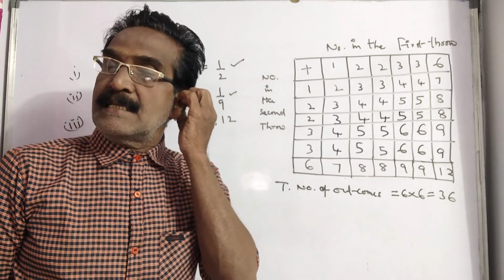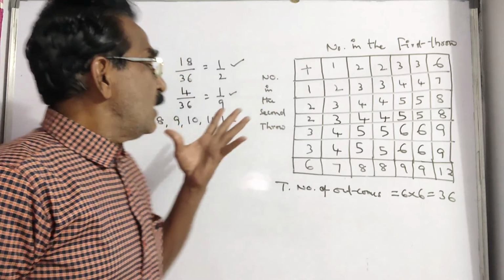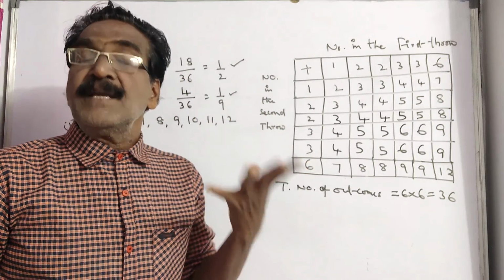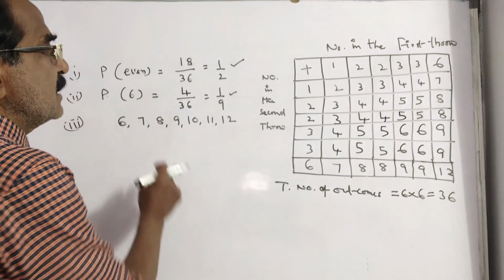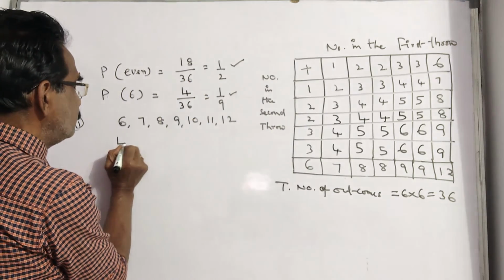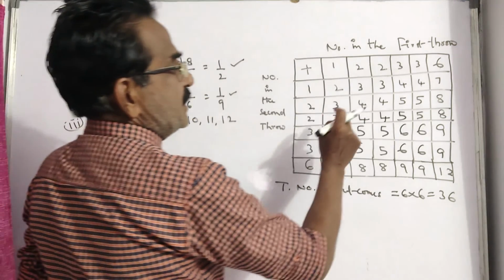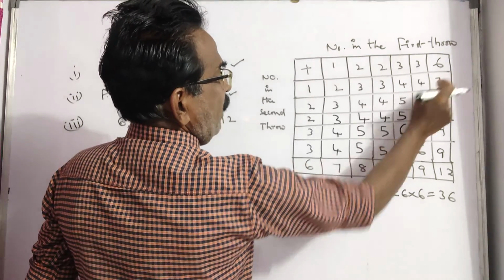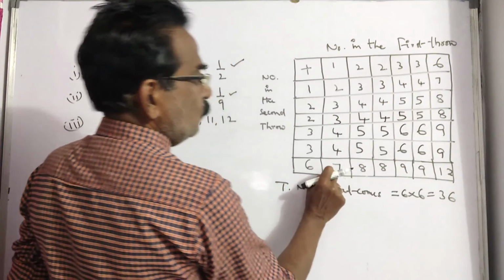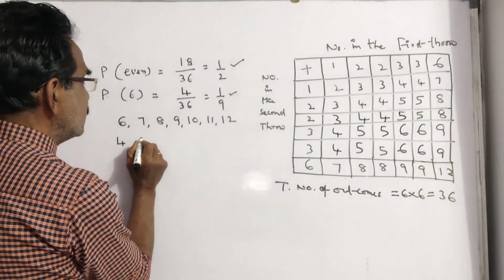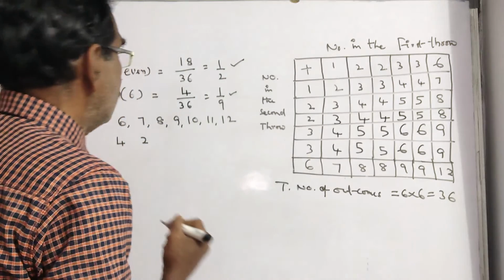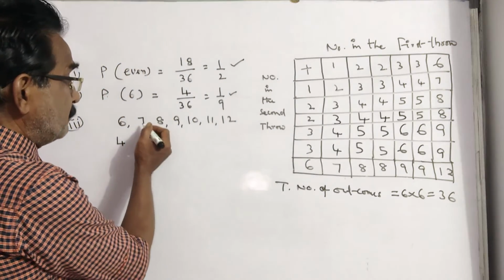Now let us count the cases where the sum is 6. Sum is 6, just now we have counted, that is 4. In how many cases is the sum 7? Sum 7. 1, 1, 1, 1, 2. So for sum 7, there are 2 cases in favor.